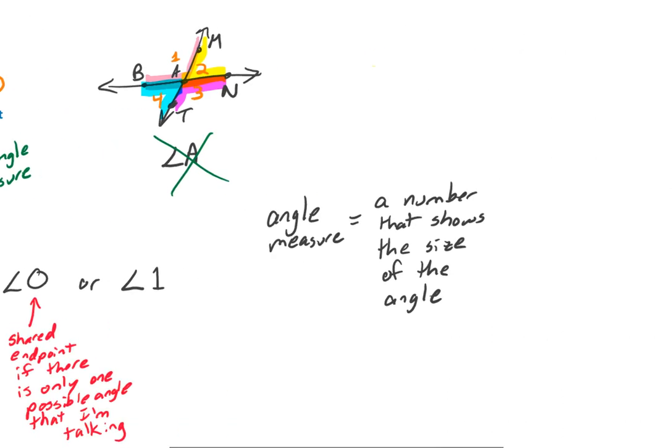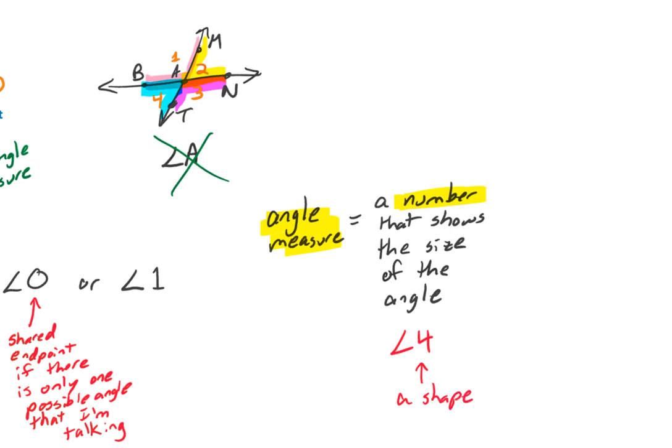The angle measure is a number. So when I want to talk about angle measure, if I'm talking about angle 4 in that picture there, angle 4 is a shape.